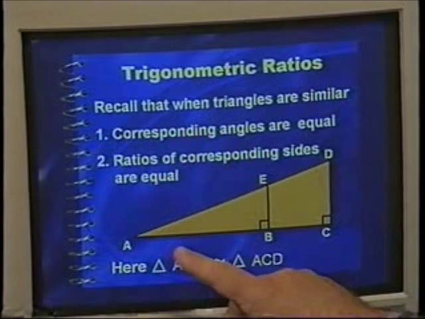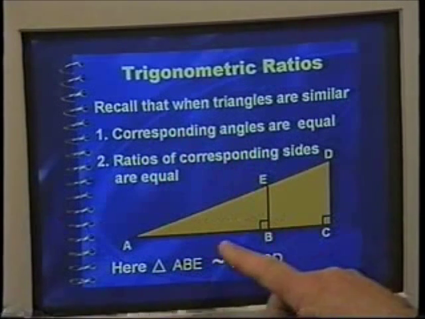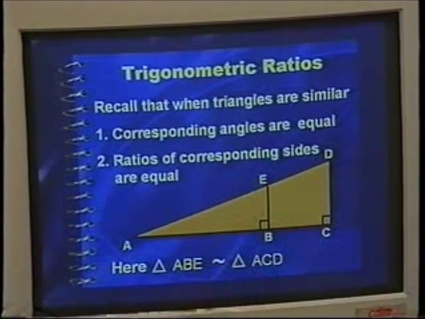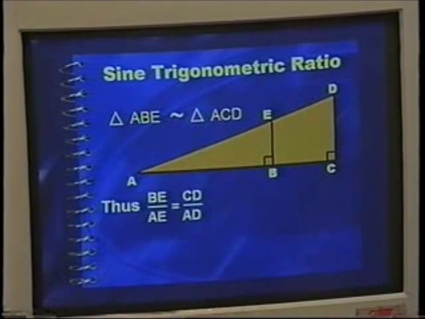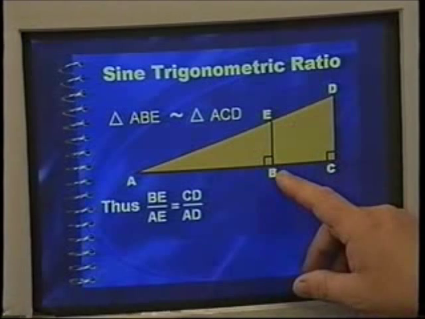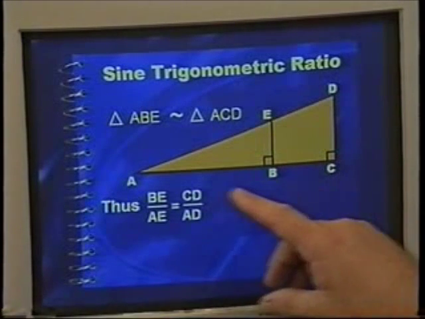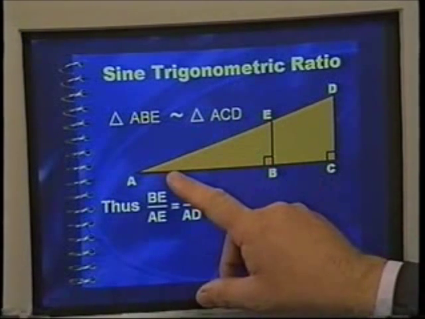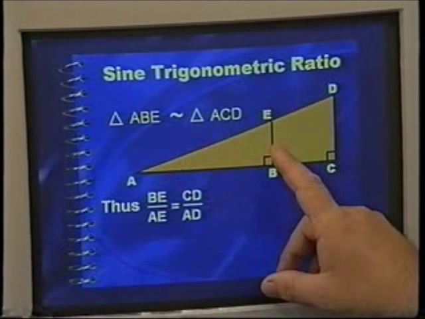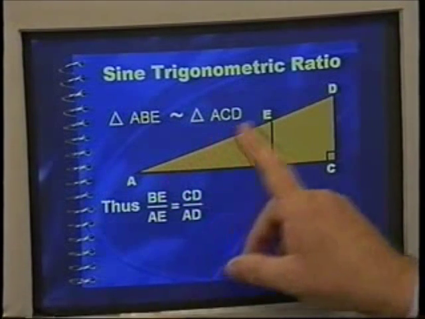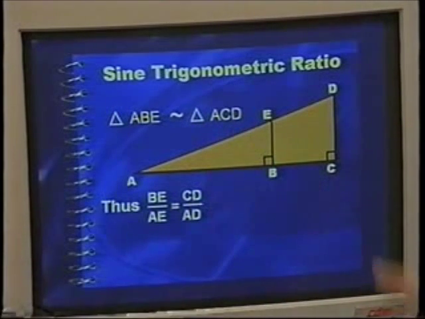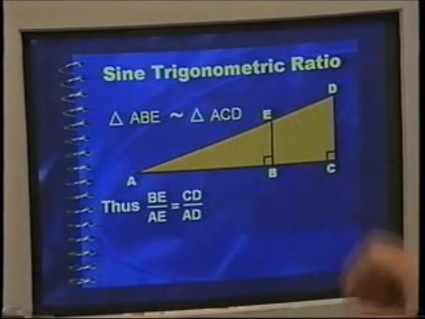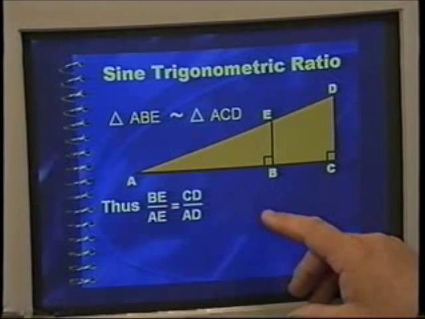Now, if then these two triangles are similar, then there are particular ratios that are equal. And the first ratio I'm considering is the ratio BE over AE. Now, for angle A, that side was called the opposite, remember, and AE is actually called the hypotenuse. But that ratio, opposite over hypotenuse, is exactly the same in the big triangle.